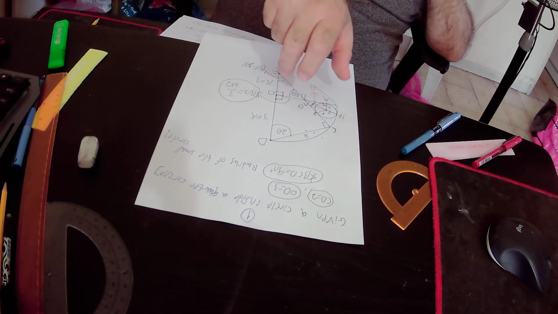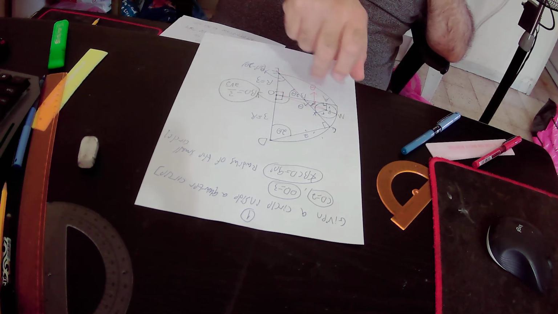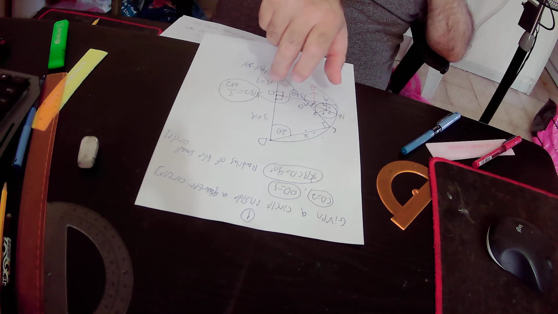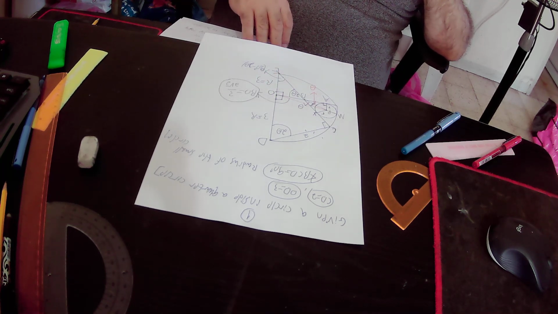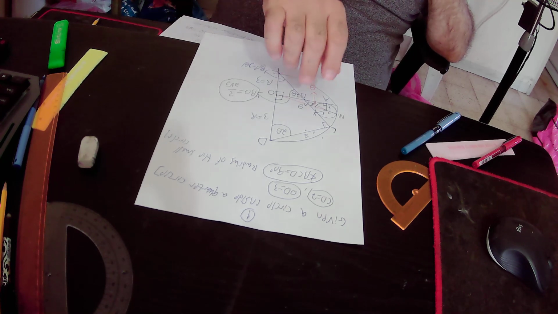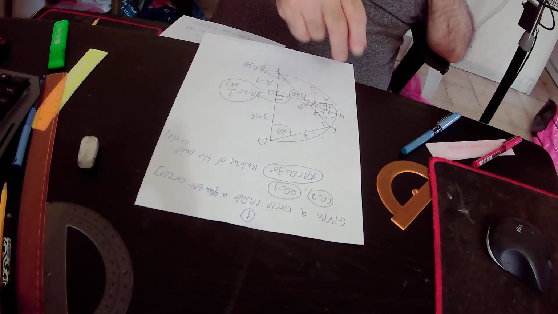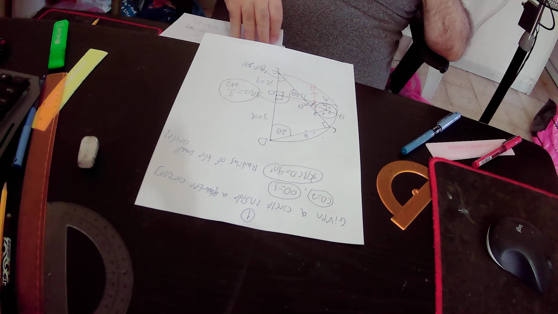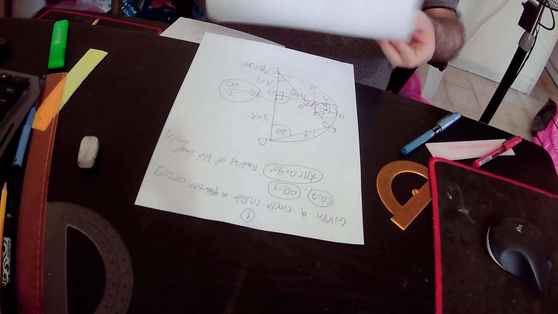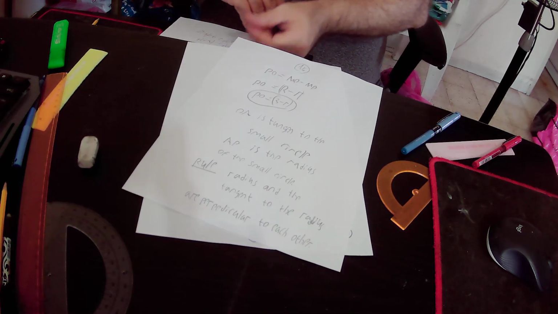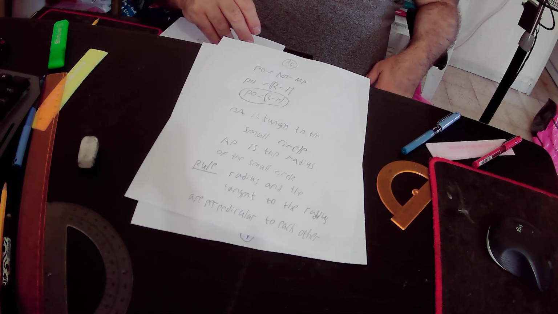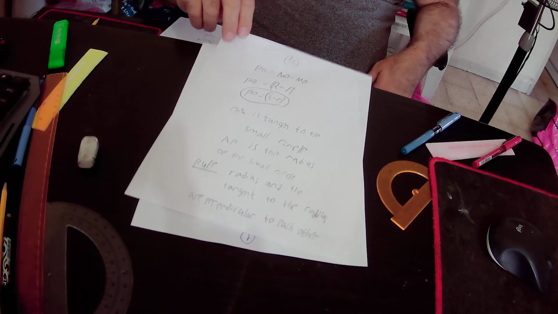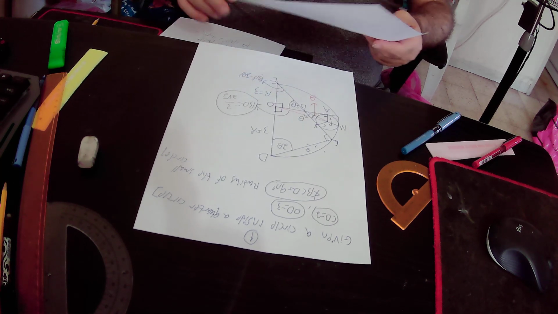PO equals MO minus MP. MO is the radius of the semicircle and MP is the radius of the small circle. So in total, PO equals capital R minus small r. But we know that capital R equals 3, so PO equals 3 minus r. Okay?